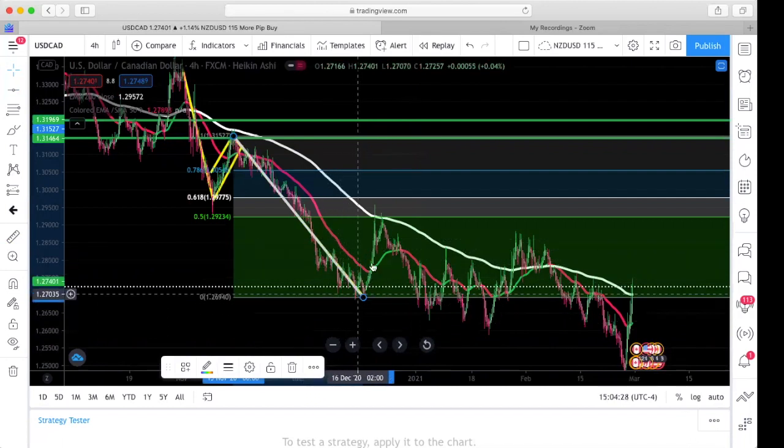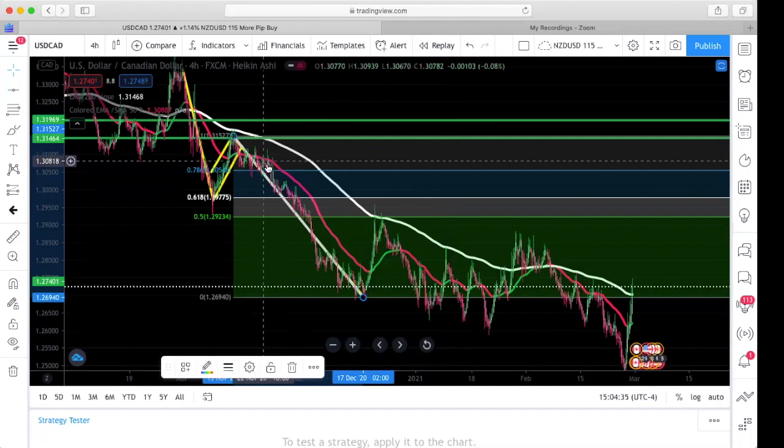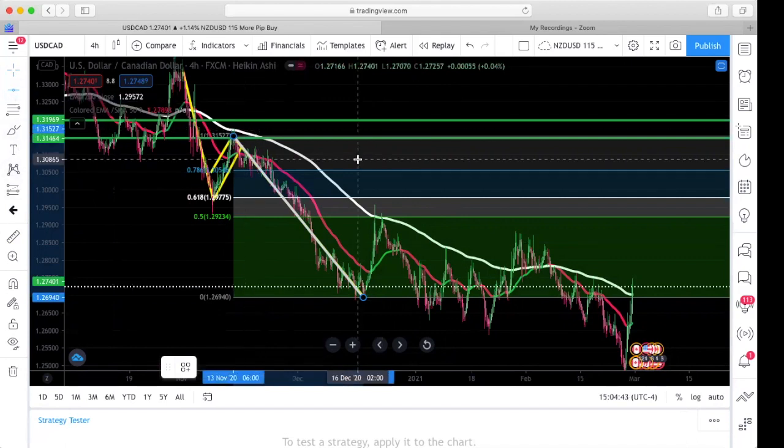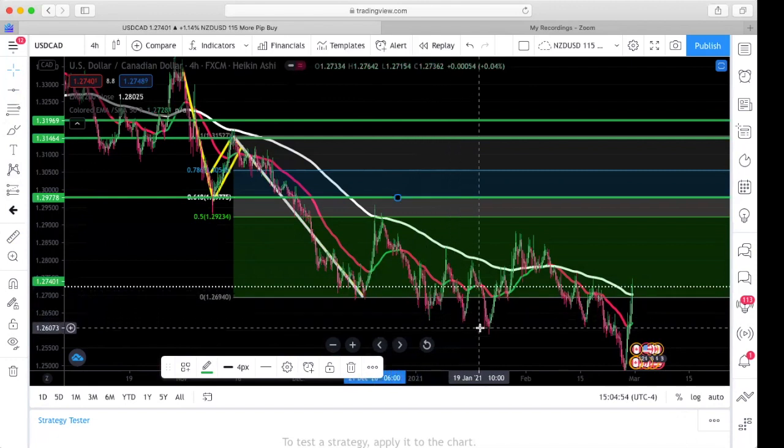I have to wait for that pullback to confirm that price will continue to move in that direction. What happens? We got this impulse happen here. We get our pullback and what? Guess what, guys? It's pulling back to the 618. And then what happens? Price continues to move in that direction.